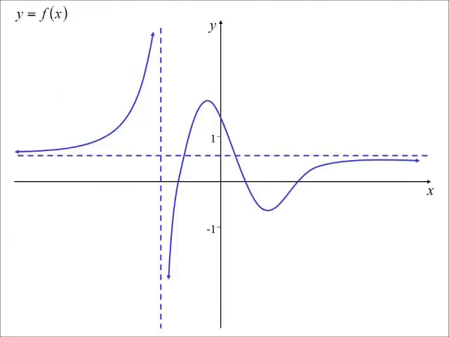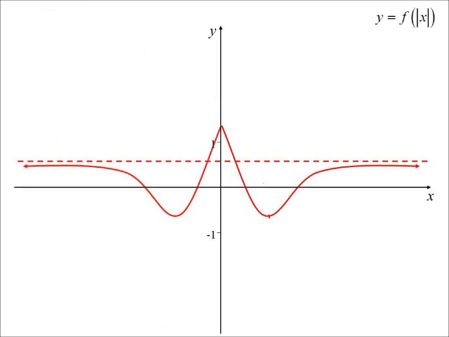There's the original graph. As I say, it's easier to draw y equals function absolute value x first, and now we'll draw the absolute value of function absolute value x. Whatever's below disappears and is reflected above. So there's absolute value of function absolute value x.